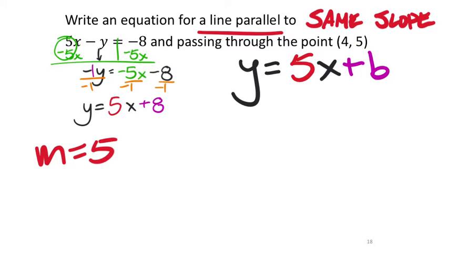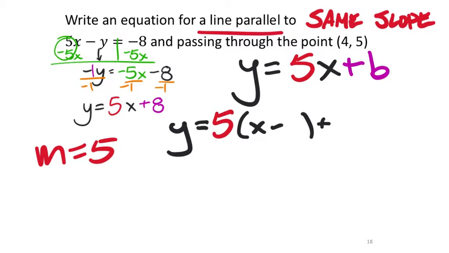All right, point-slope form it is, which means that we'll just fill in that y-intercept as we go. So remember, it's y equals m times x minus x1, plus the y value. And again, we just found the slope. It should be the same slope of 5. And we do have this ordered pair right here, x and y values, to replace. Remember, it's x minus x1, and you see the x is 4, and the y value is 5.